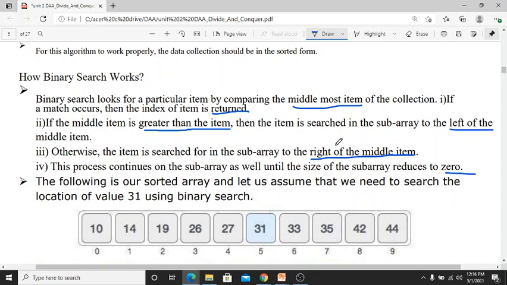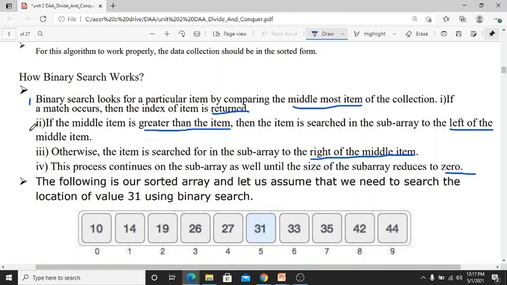We need to repeat this until the last subarray cannot be divided any further. So these are the four steps.